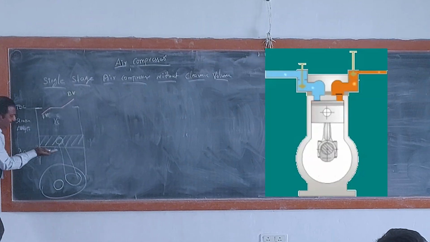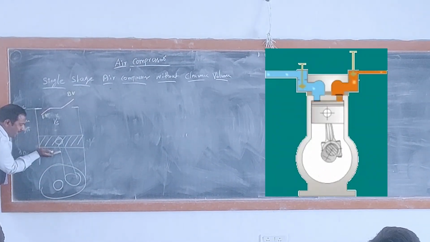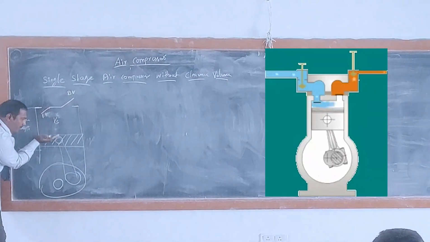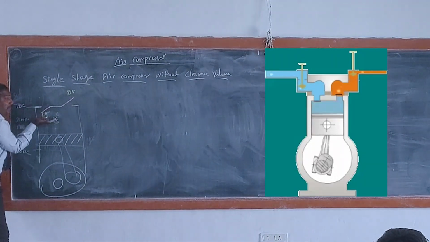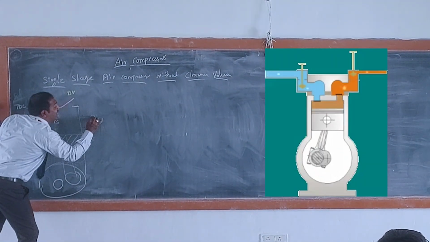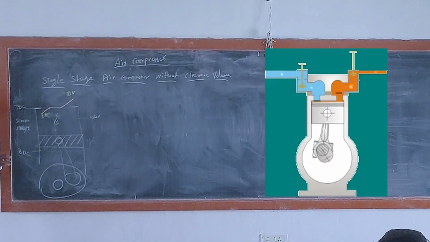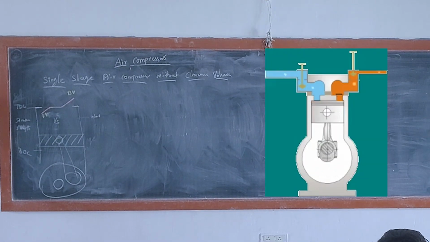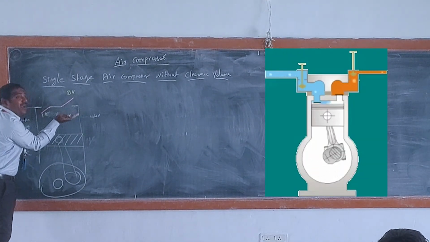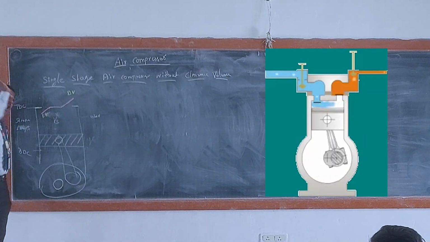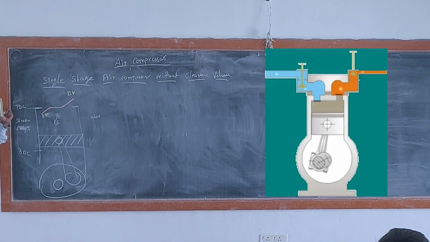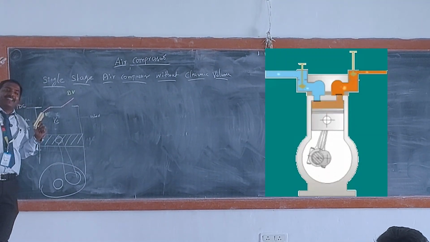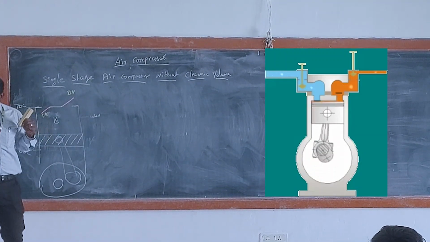So it means as I compress from BDC to TDC, 1 bar, 2 bar, 3 bar, 4 bar, 5 bar, 6 bar, 7 bar, 8 bar, 9 bar, it will attain 10 bar here itself. Further, as it compresses, what happens? The valve opens. Then the air is delivered; it escapes from the cylinder.